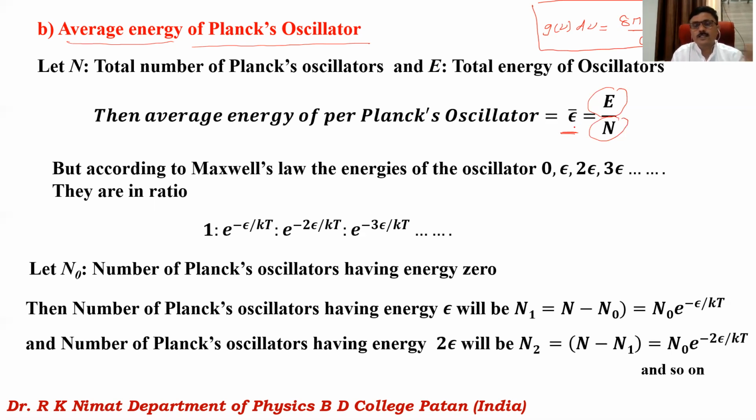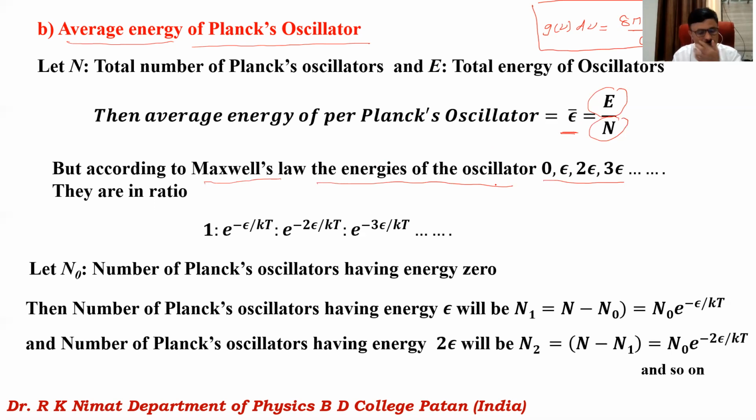In order to calculate the energy, what do we have to use? We have to use Maxwell's law of energy of the oscillators, in which these oscillators have energy 0, epsilon, 2 epsilon, 3 epsilon, and so on.